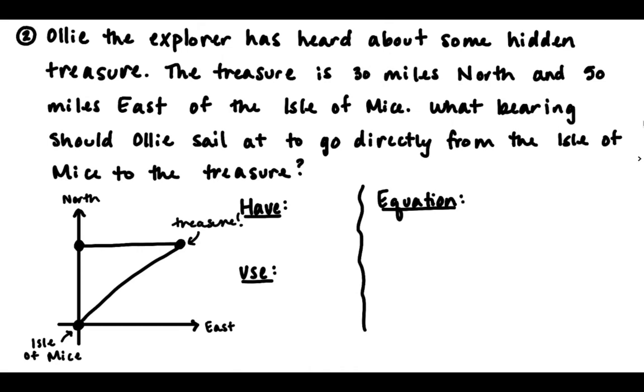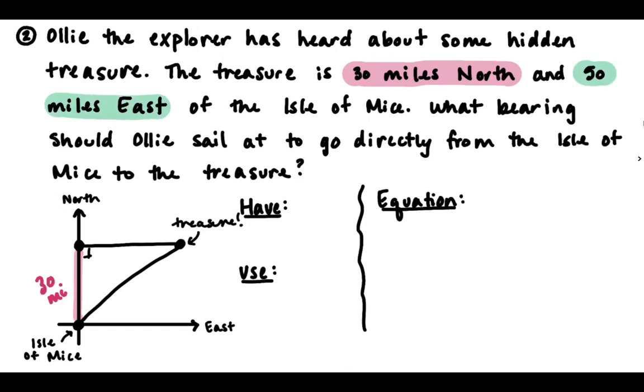Okay, so we've got our map, we've got our triangle. Now let's start labeling some of the sides. 30 miles north, that's our first clue. The north direction was that side. That's how far north we went, and that's 30 miles. Then we go 50 miles east.